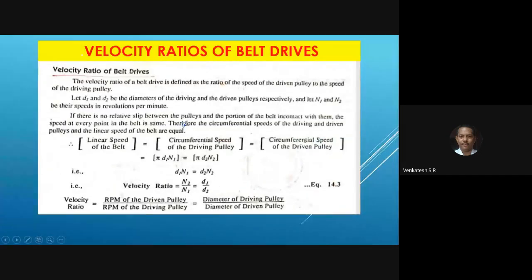I repeat the question: derive an expression for velocity ratios of belt drives.